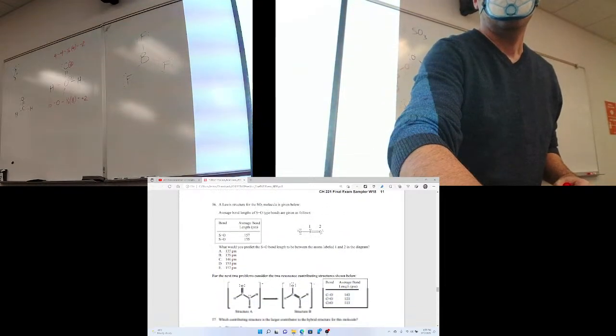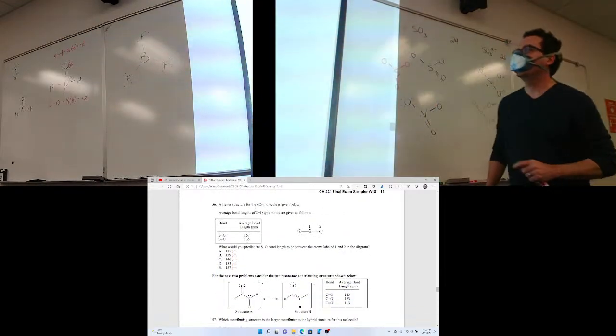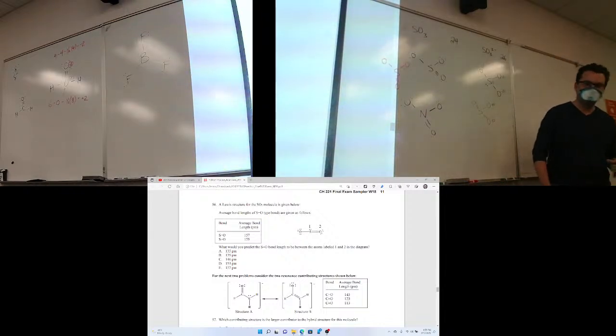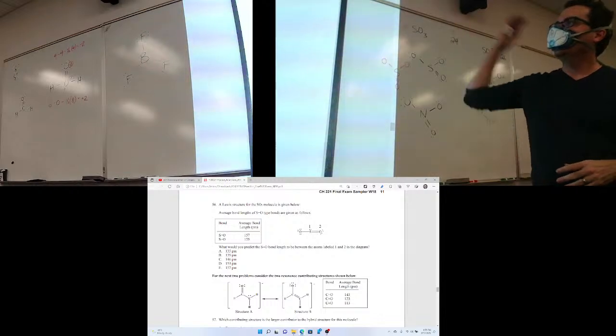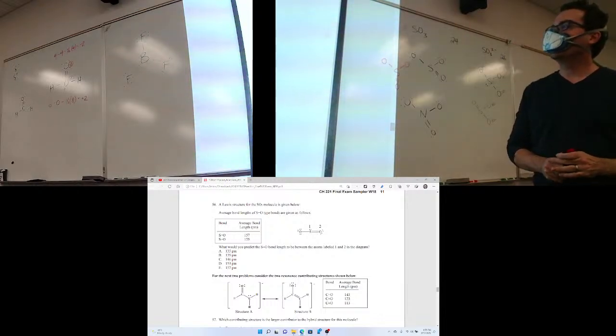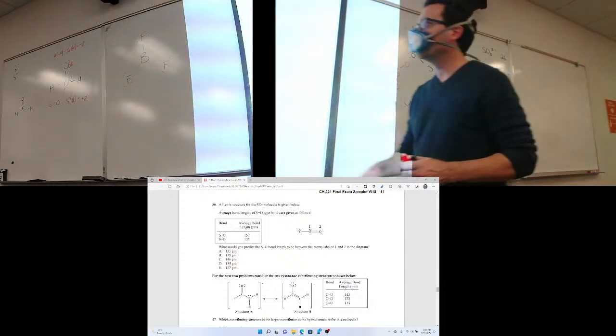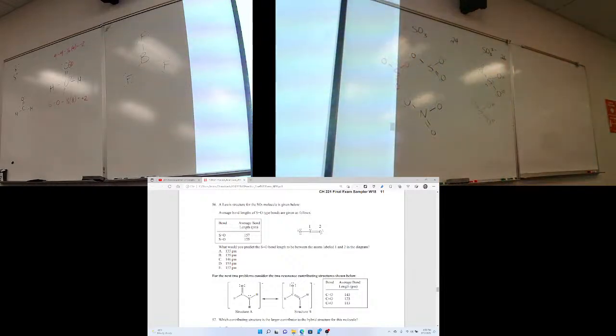Oh, 56 is a great question. We have a molecule drawn up there, a Lewis structure. On the table, and read the header carefully, this is not the bond length of this molecule. This is the average bond length of an SO single bond and of an SO double bond.